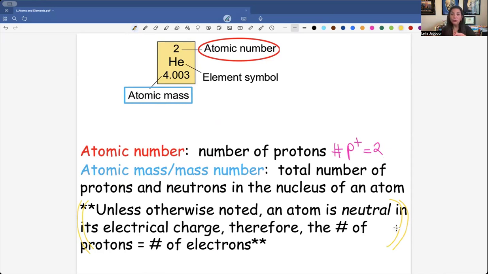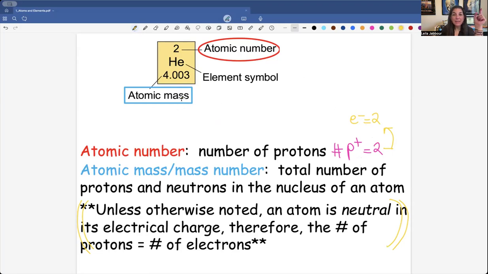So if you're told helium has 2 protons in the center, in the nucleus of the atom, you can then assume that the number of electrons is also 2. That's what that means. So you know that there are 2 electrons flying around the nucleus. Okay?